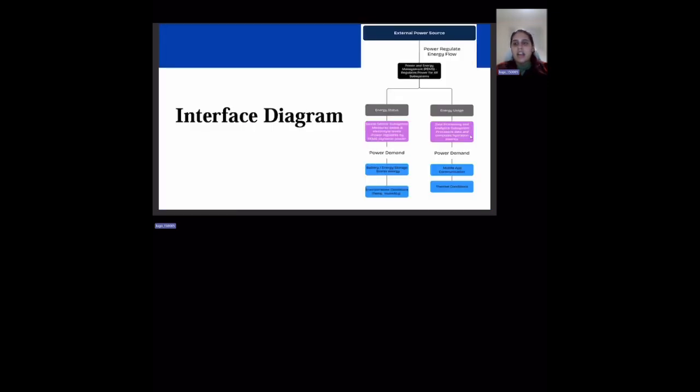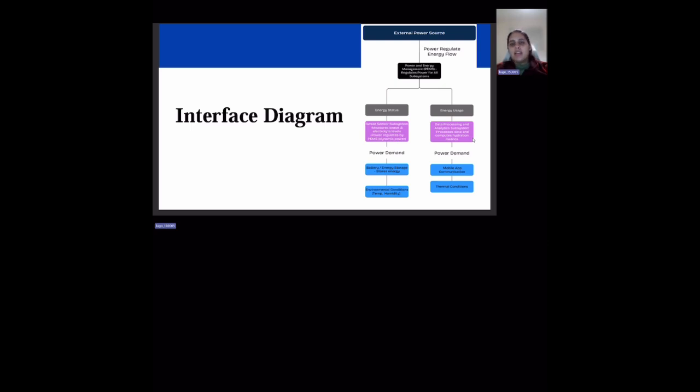Now here we have the interface diagram. We're going to start with the external power source. Then it breaks down through the power and energy management, which regulates power for all subsystems. And then that is divided into two, the energy status and the energy usage.